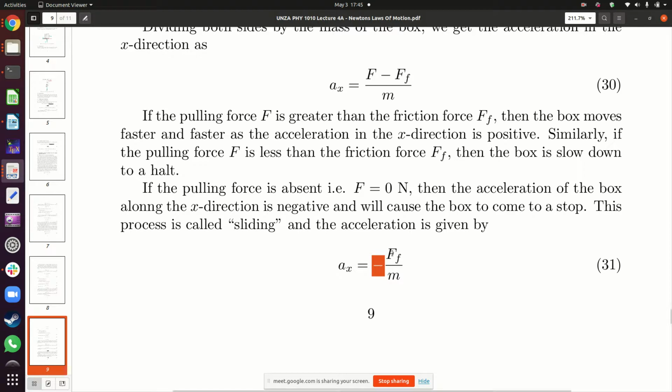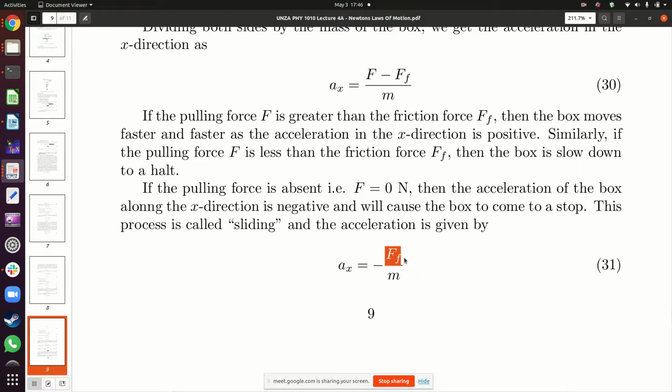The other thing you'll notice as you go through your tutorials, because now I think people are looking at tutorials on Newton's second law of motion, is that the friction force is generally very small. It's not a very large force.